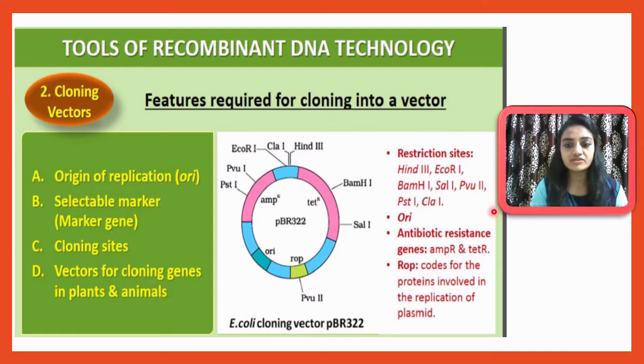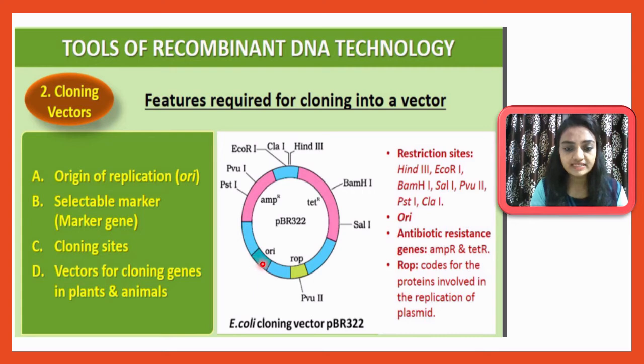Here you can see one example is given, that is the plasmid pBR322. This is an artificially constructed plasmid from Escherichia coli. Here you can see some sites and regions on the plasmid. Especially you must remember that they must possess an origin of replication.